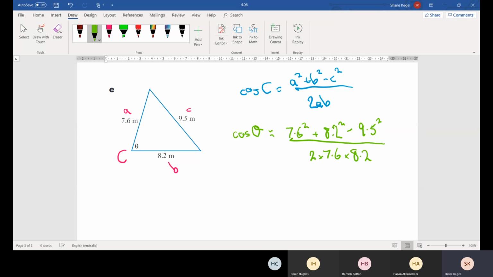Okay, and one more step before I can put it into my calculator is I need to find my theta value, so I need to get rid of cos. And to do that, I take the inverse cos of both sides. So what I'm going to put in my calculator is cos inverse of what my fraction was, which was my 7.6 squared plus 8.2 squared, take 9.5 squared.